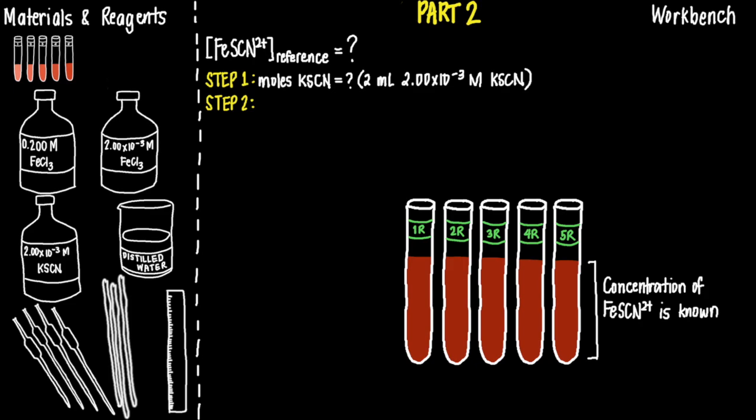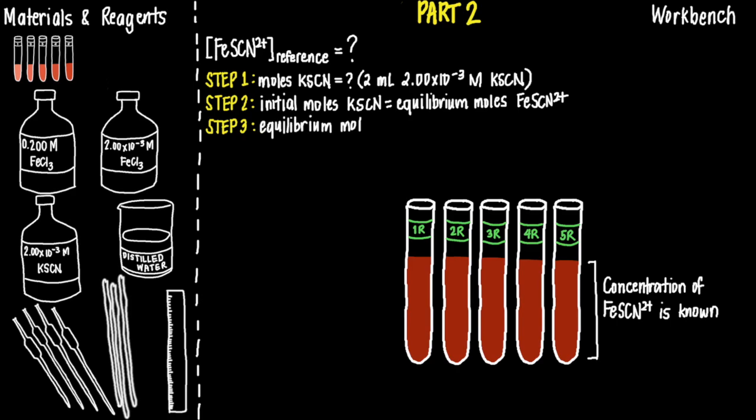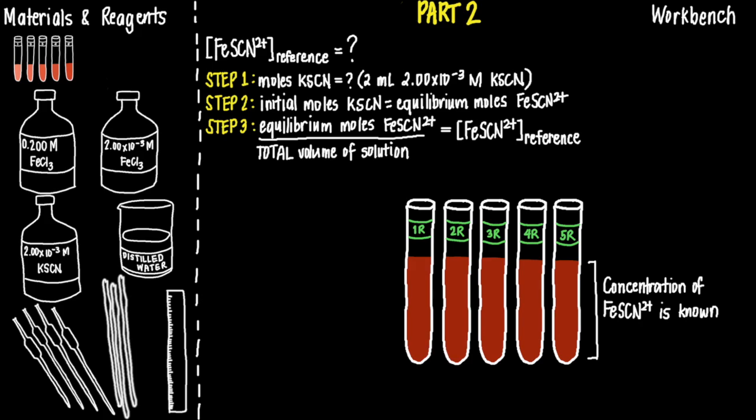Since we assumed that all thiocyanate ion is converted to iron 3 thiocyanate ion, we also have the same moles of iron 3 thiocyanate ion at equilibrium. Step 3. Divide the moles of iron 3 thiocyanate ion by the total volume of the solution. The concentration that you obtained is the concentration of the reference solution. Solve for it and write it down in your laboratory journal.